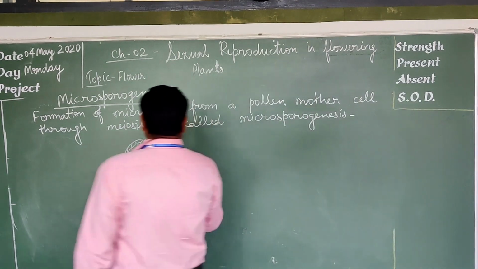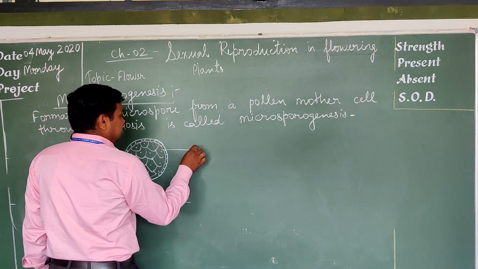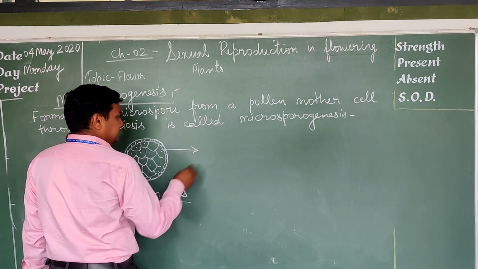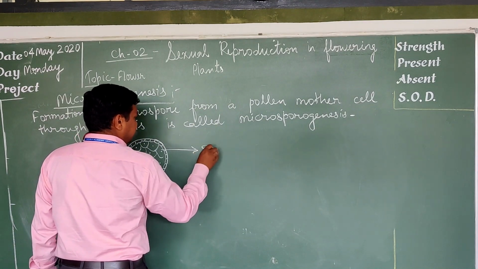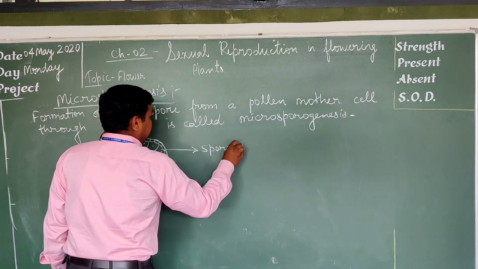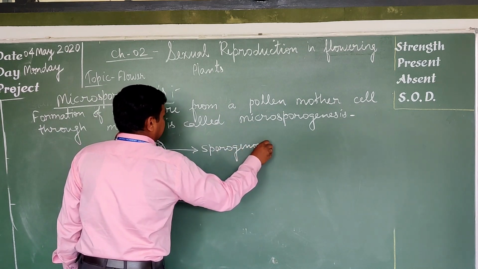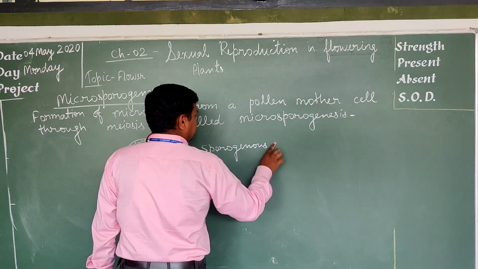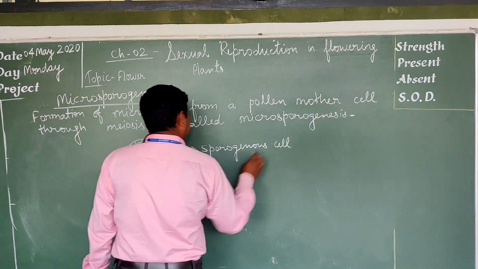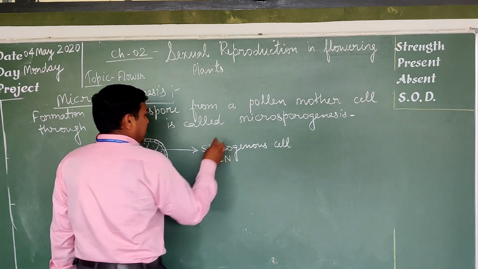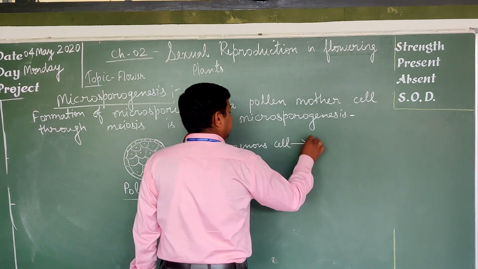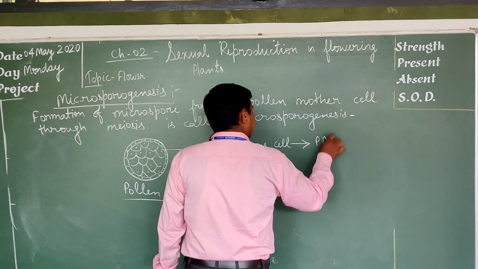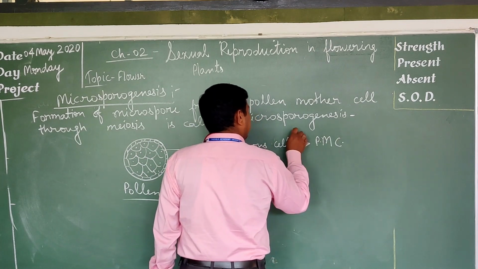The ploidy of the sporogenous cell is 2n, and it develops into the PMC under mitosis.